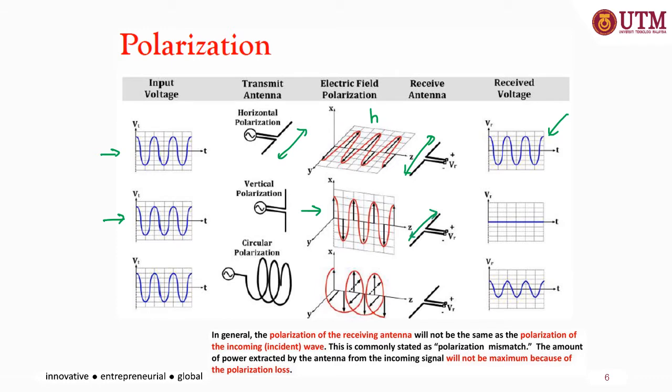Therefore, due to the different polarization at the transmitter and the receiver, the received signal has lesser or distorted characteristics compared to the input signal. The same goes for the third one, when the transmitter and the receiver have different polarization. So the received signal has a level of signal that is reduced compared to the input signal.